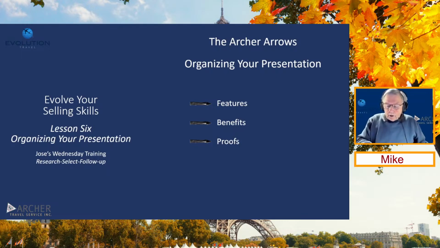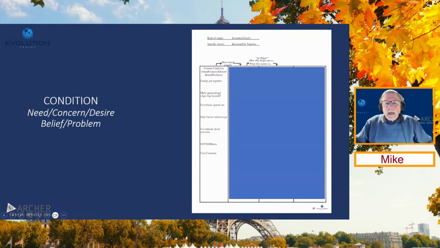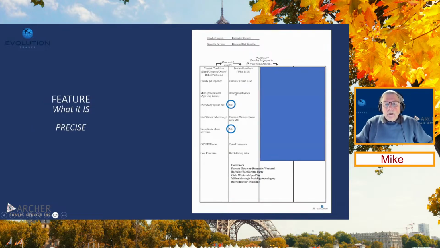So I want you to look up where it says must match exactly up at the top, those arrows. So up here, I want you to pay attention to this has to match exactly: onboard activities.